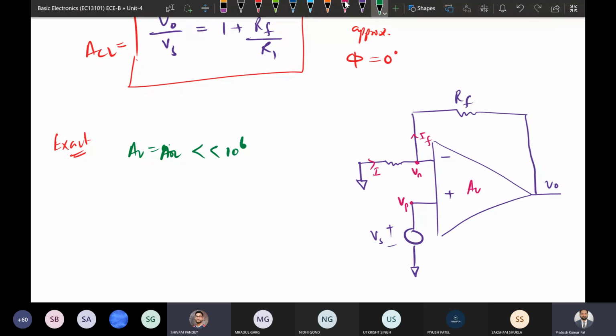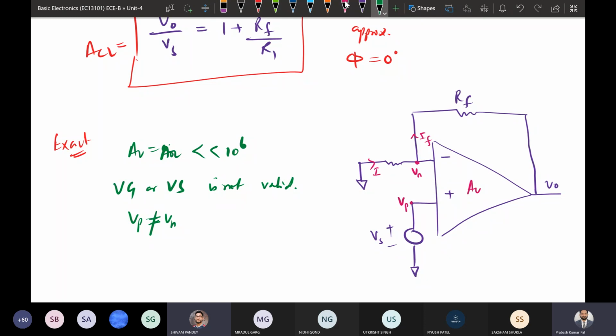If this is the case, then virtual ground or virtual short is not valid. If this is not valid, it means we cannot take Vp equal to Vn. We cannot take this one. So now we have to do the exact analysis.